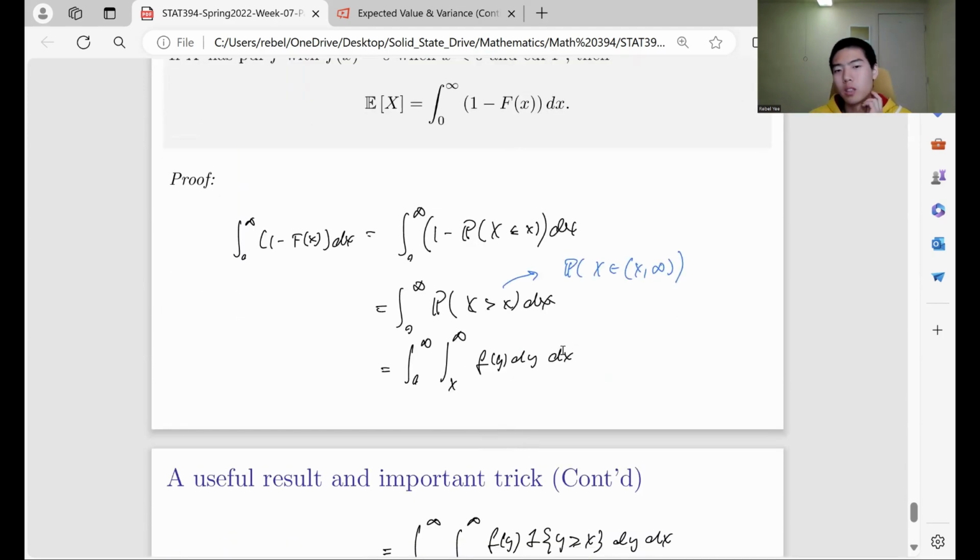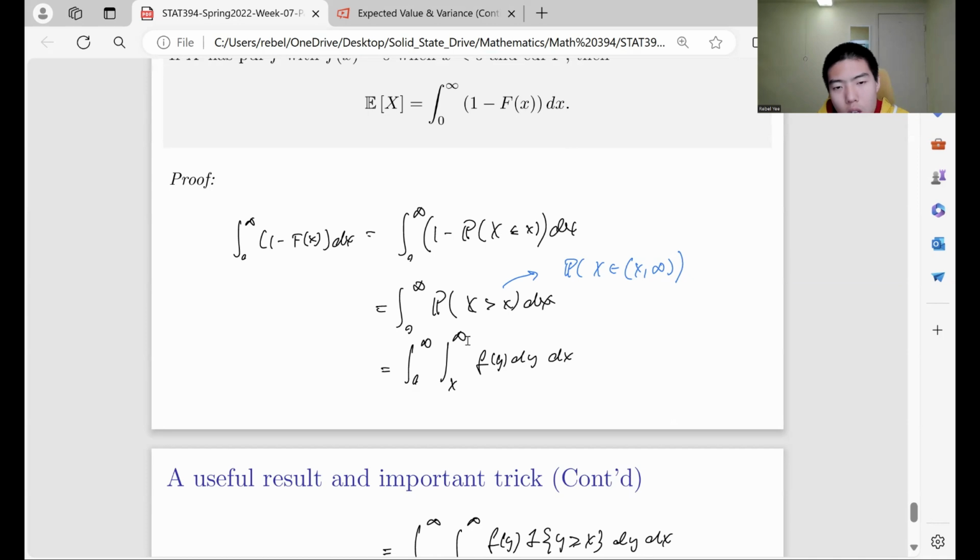In this case, we say X belongs to the interval x to infinity, because these two terms are similar. And this form is still 0 to infinity. How to write this form? This is x to infinity because the random variable belongs to this interval.